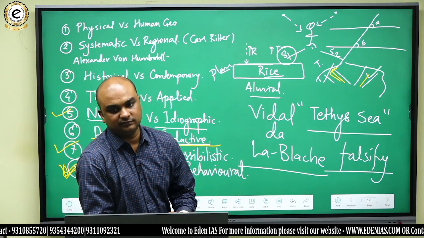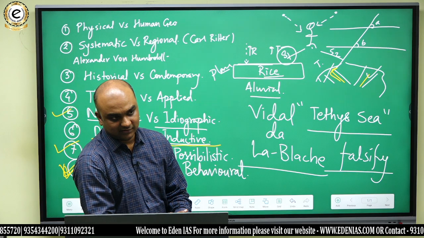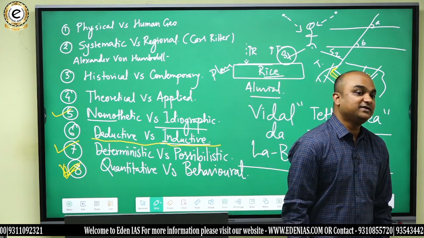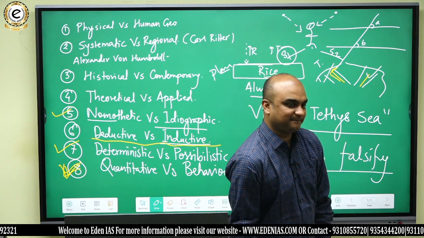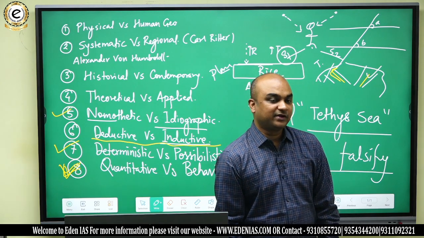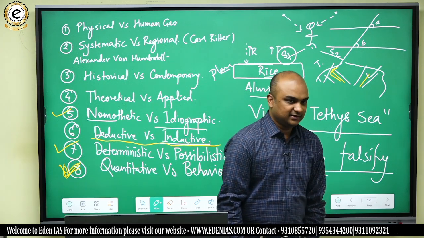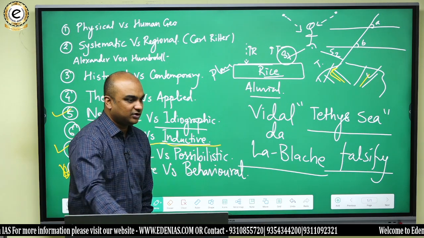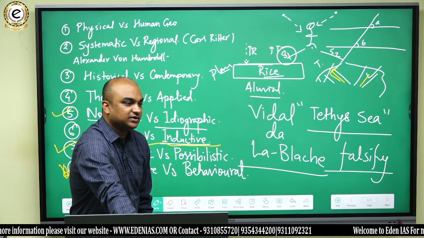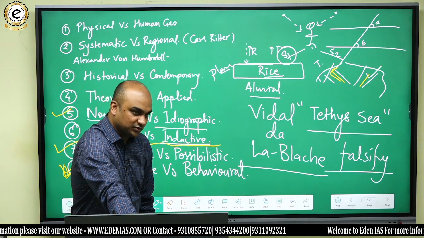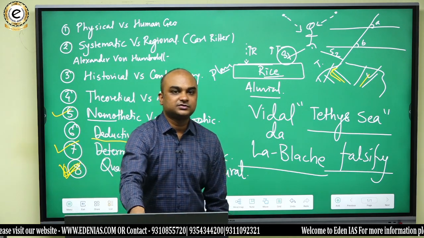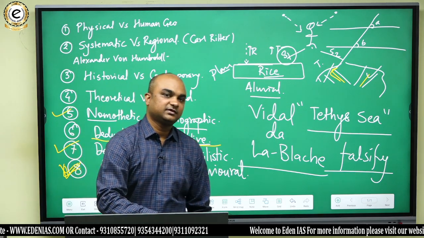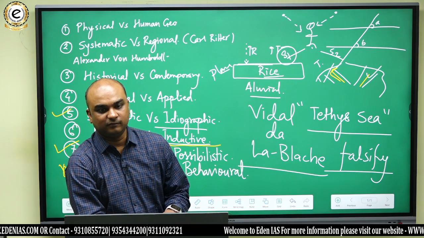However, it is not advisable to divide geography into branches, because it is neither a pure natural science nor a pure social science. Rather, it is an admixture of both.